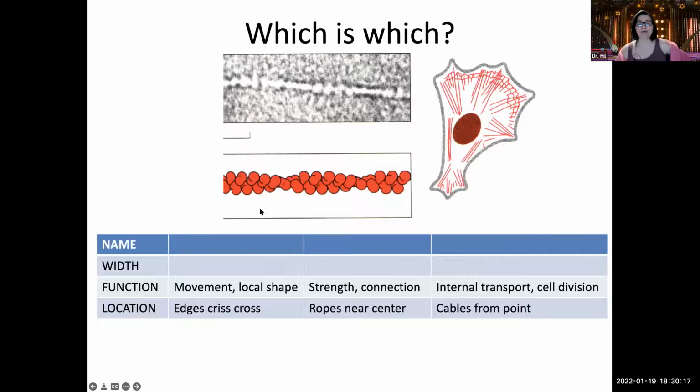So if we were to fluorescently label just this one filament, we would see it organized often in a kind of perpendicular crisscross pattern at the edges of the cell where it facilitates crawling movements. And it looks like 2 strands of wire twisted together. What is this and how big is it?